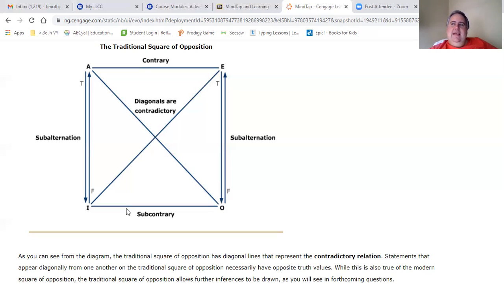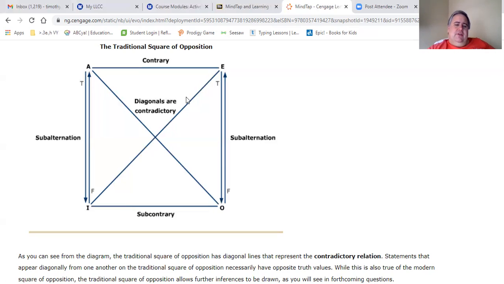Well, that doesn't make any sense, because how can it not be true that some are wearing hats, and how can it be not true that some are not wearing hats? If there exist some people in the class, then somebody has to have that predicate applied to them. So they can both be true, but they both can't be false. So if one's false, the other has to be true. Now, if one's true, you really can't say anything, because the other one could be true or it could be false. You don't know for sure, but at least if one's false, the other is true.